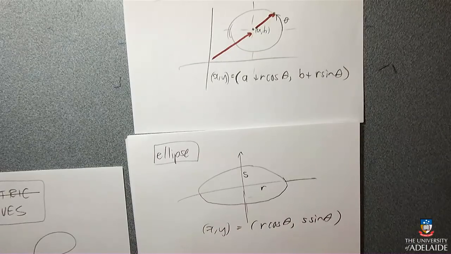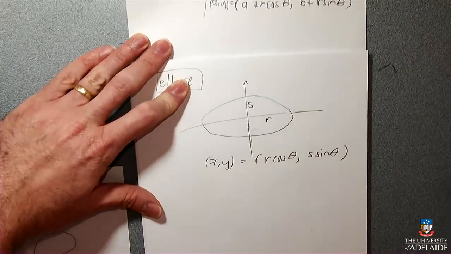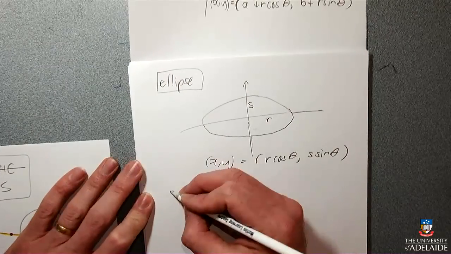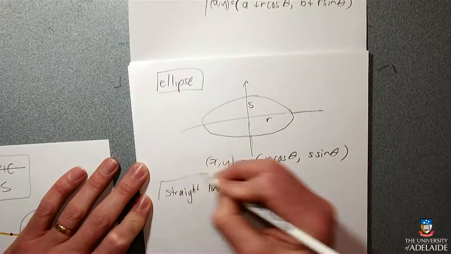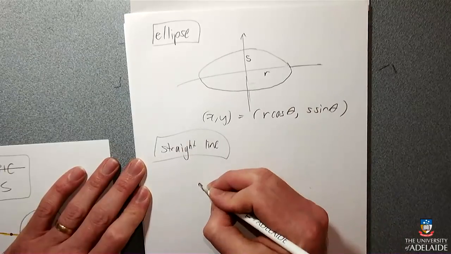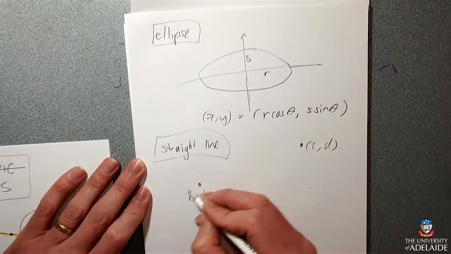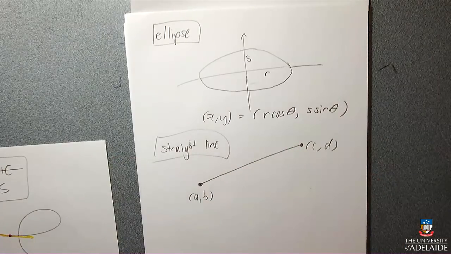Cool. And the only other classic curves, there are two others that you know already and you didn't realise you knew, and one was a straight line. So if you have a straight line between 2 points and it joins point AB to point CD, that curve, in inverted commas, doesn't have to be curved to be a curve from a mathematician's point of view.